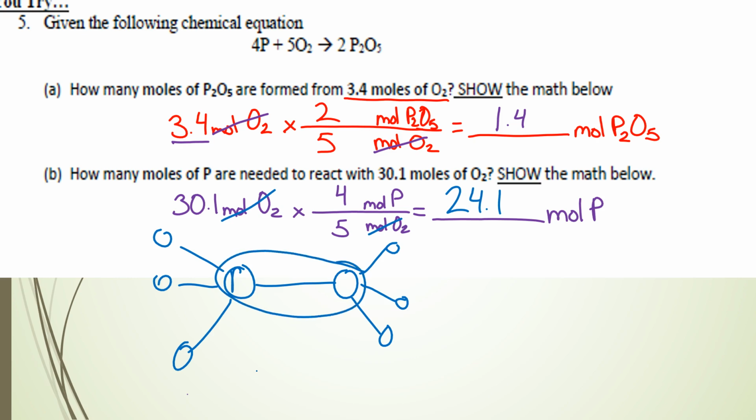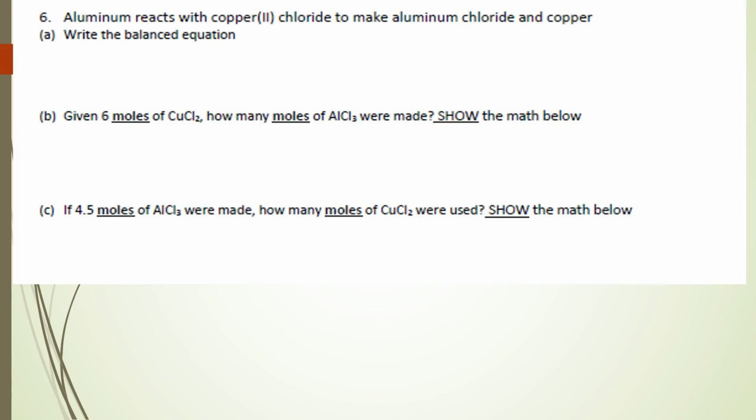Notice that our only conversion was from mole of A to mole of B. In any of the examples, did the pattern change? No. It was always the new substance on top, the old substance on bottom. All right.